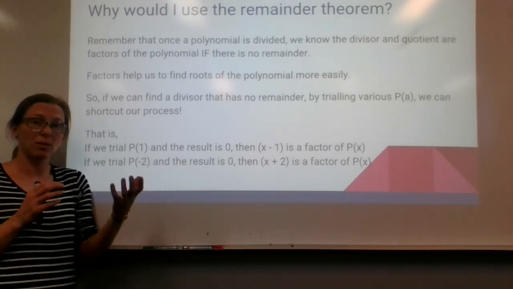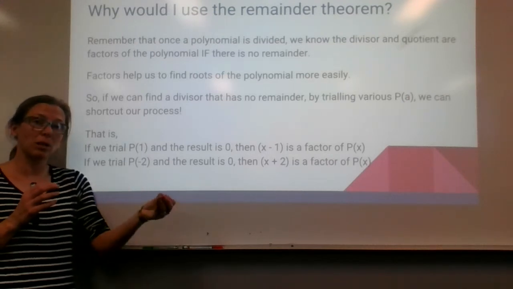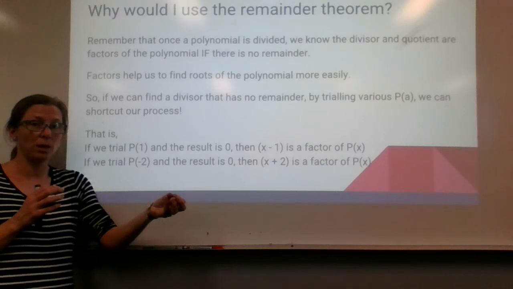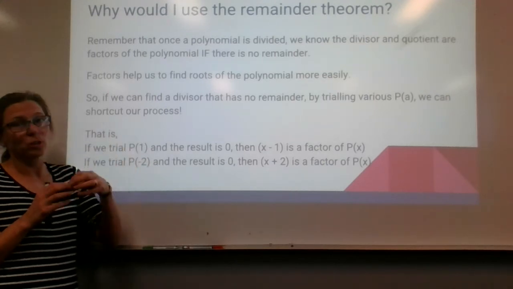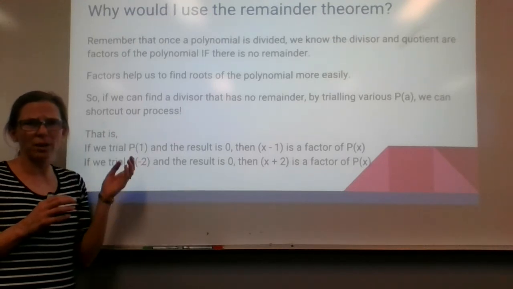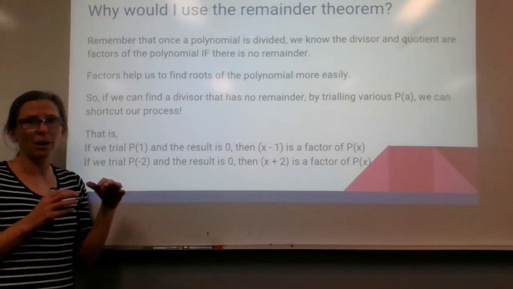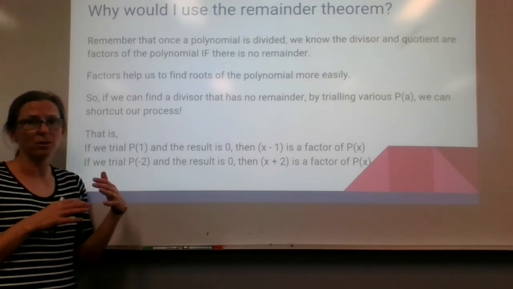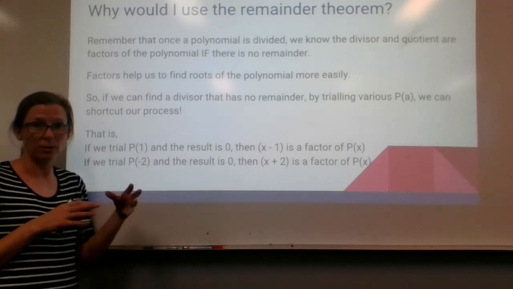When we got factored form, we understood that each of those factors helped us find the roots. Because polynomials are just an extension of quadratics, if we can find a divisor that ends up with no remainder, by trialling some different numbers, we can then shortcut our process to finding factors.